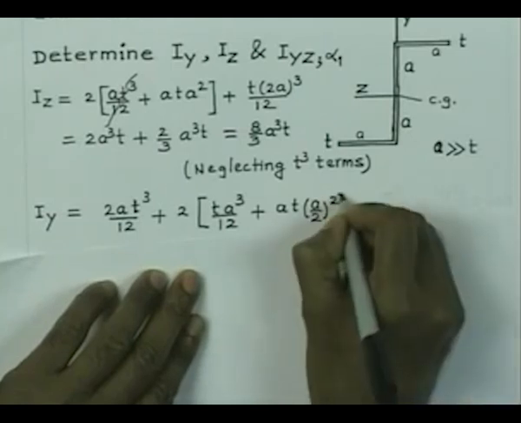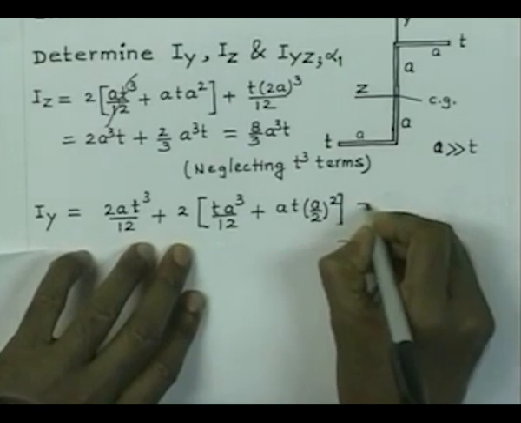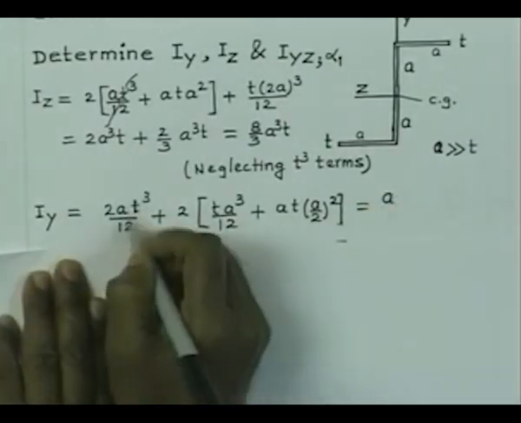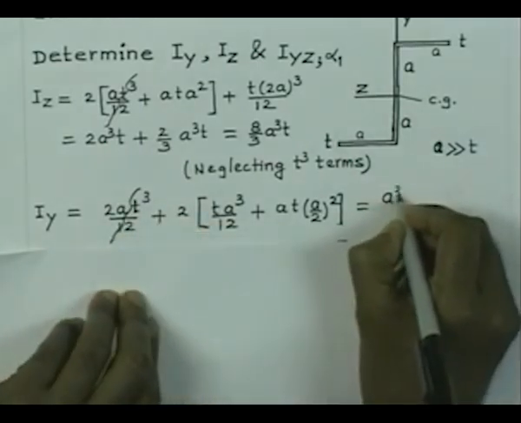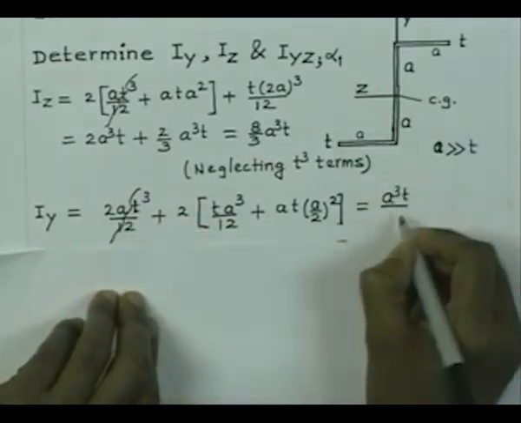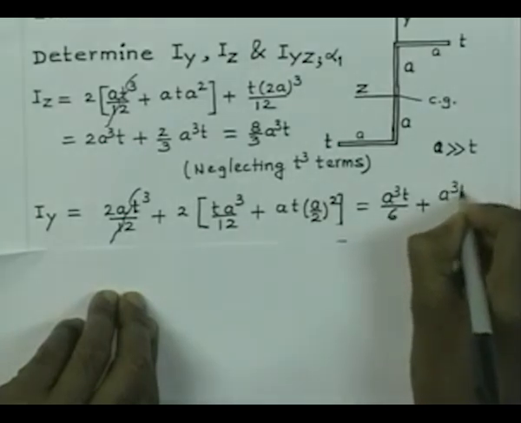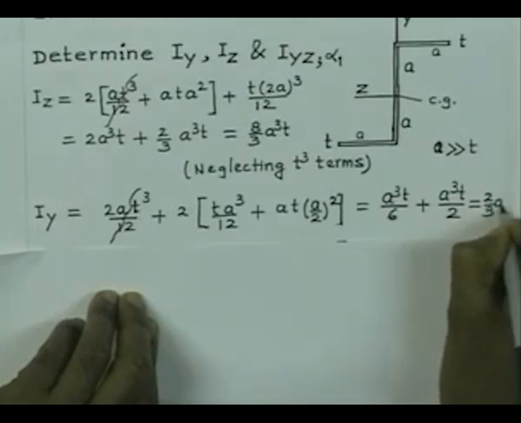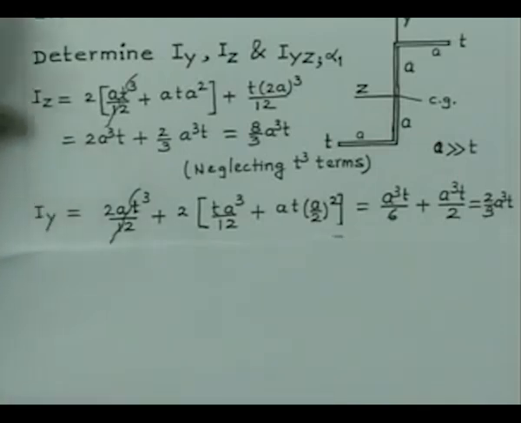So, therefore, this gives us the value together, and when we simplify, again here is a t cube term involved. So, therefore, we can neglect this and we will have then a cube t by 6 plus a cube t by 2, and therefore, we will have 2 by 3 a cube t. So, this is I think quite straightforward.